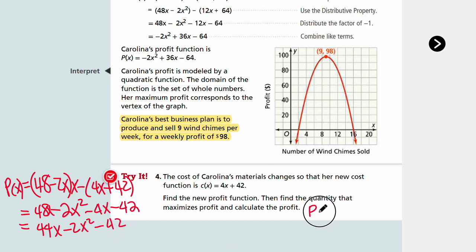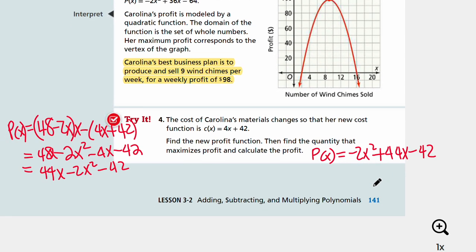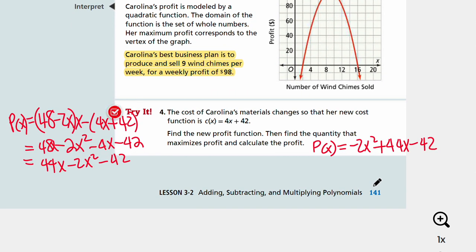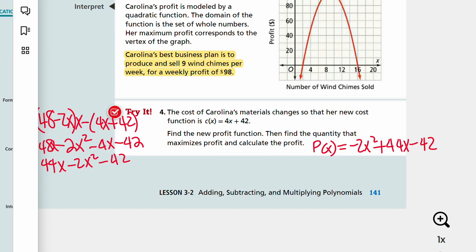Our new profit function is p of x equals negative 2x squared plus 44x minus 42. And using this function, you can graph and figure out that the quantity that maximizes the profit is your vertex. And that would be 11 wind chimes, and the profit is 200. So 11 comma 200 would be your final answer.